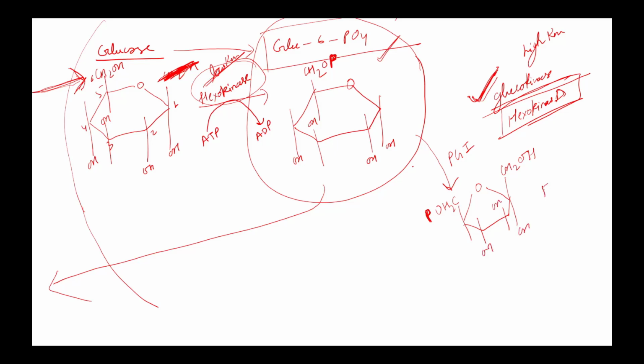So this is our fructose 6-phosphate, just isomerization of this particular glucose 6-phosphate to fructose 6-phosphate.